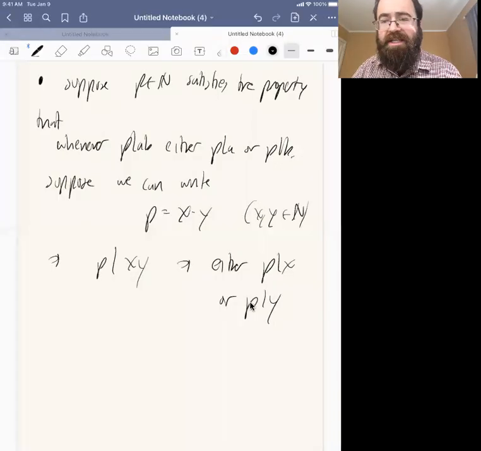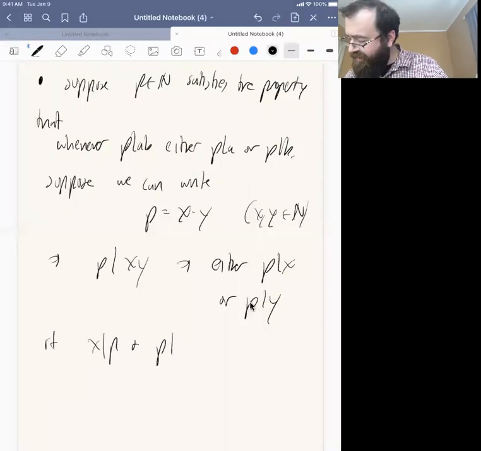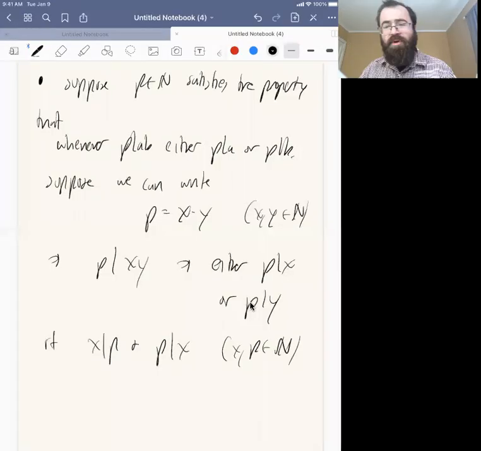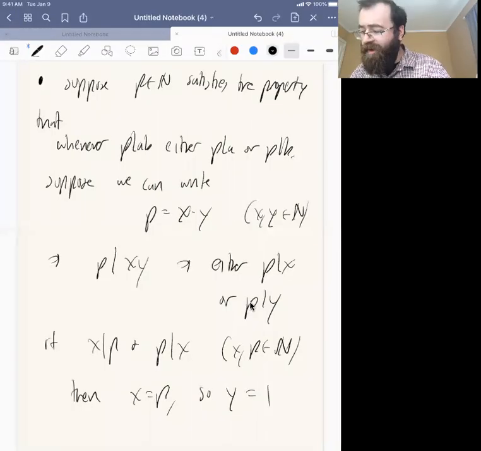Okay, but X and Y are natural numbers that divide P. So let's say it's X: if X divides P and P divides X, with X and P in N, we proved in the previous lecture that if X divides P and P divides X, then X is plus or minus P. Since X and P are both positive, that means X equals P. Then X equals P, so Y equals 1.